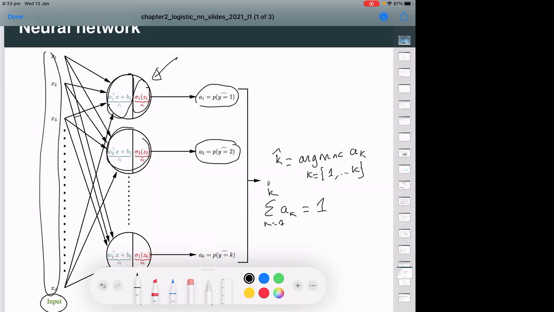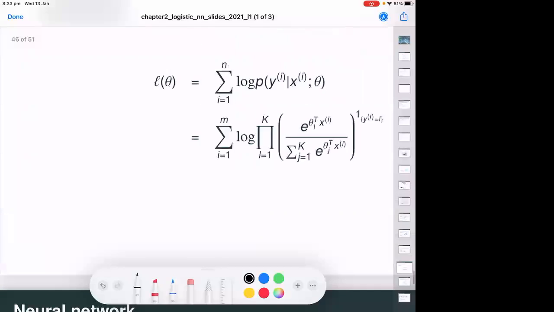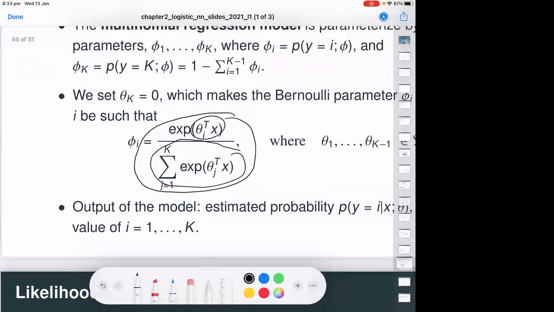So it's just to parameterize your model, because the last set of parameters can be deduced from all the others due to this dependency, this equation. It makes sense?